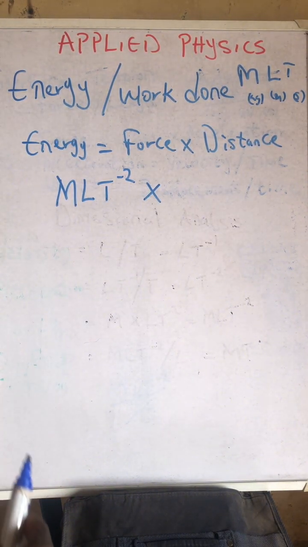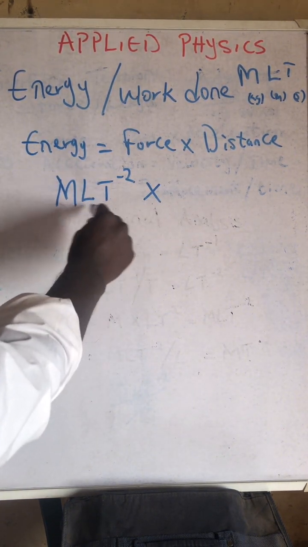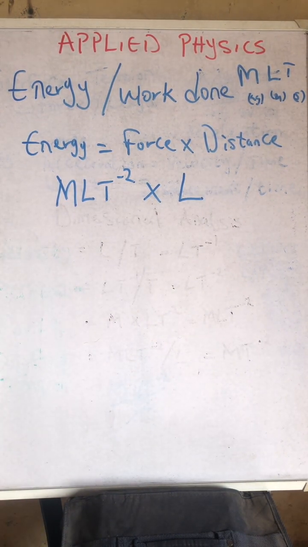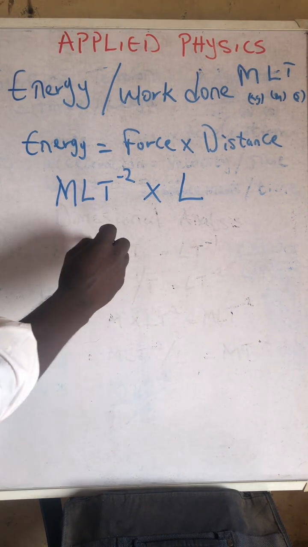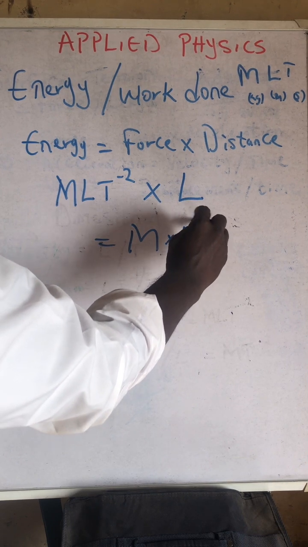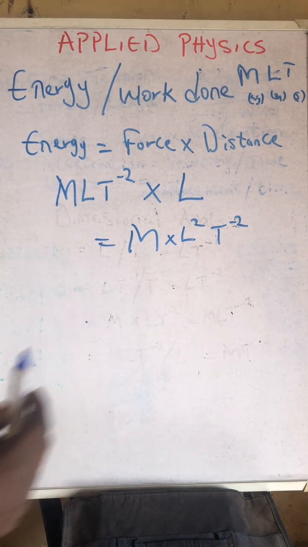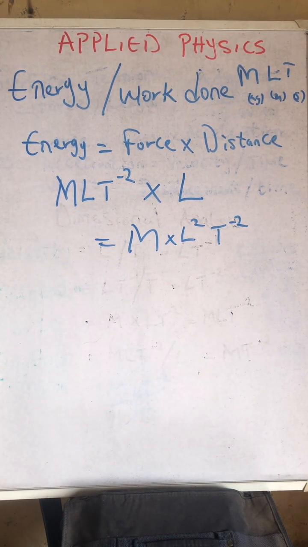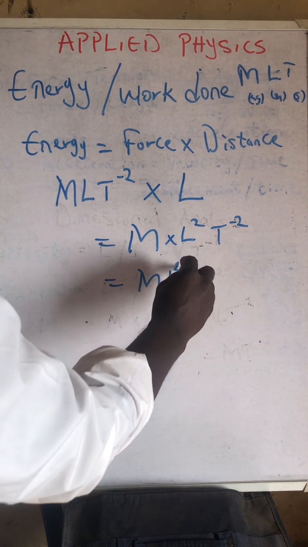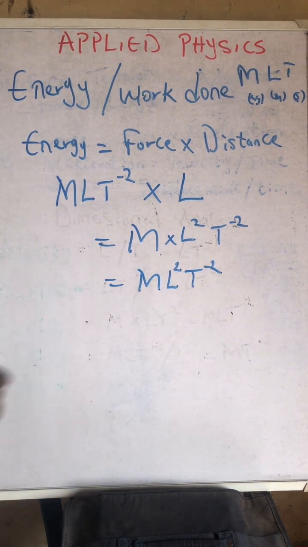So meter is represented as L. So this will be MLT raised to the power minus 2 times L, which would be equal to M L raised to the power 2 T raised to the power minus 2. So therefore our dimension for this will be M L raised to the power 2 T raised to the power minus 2.